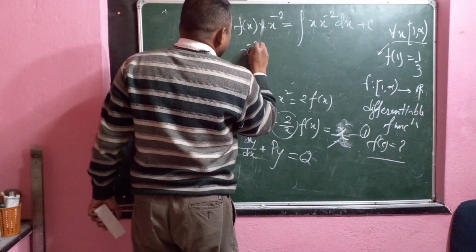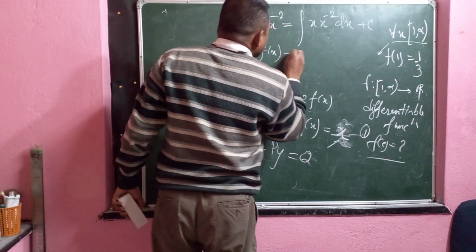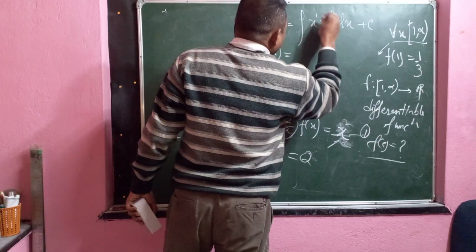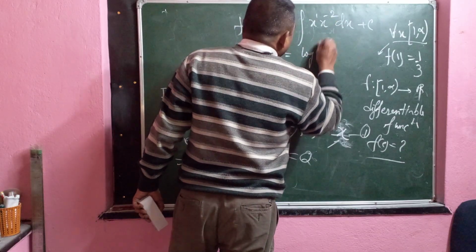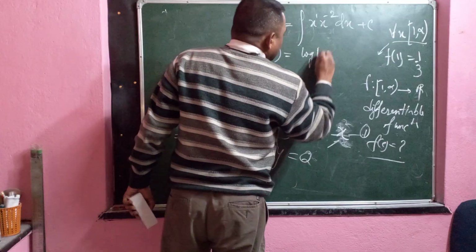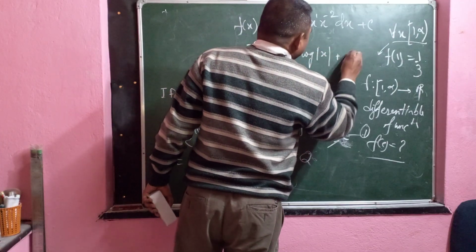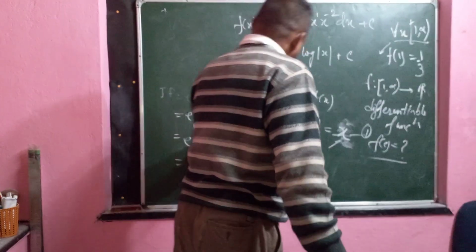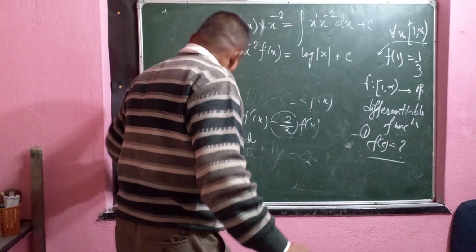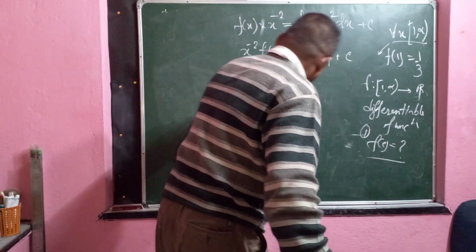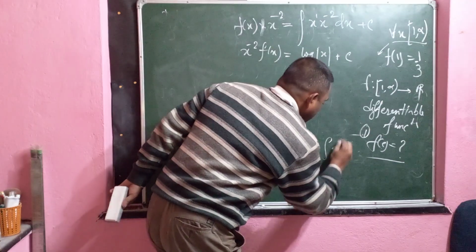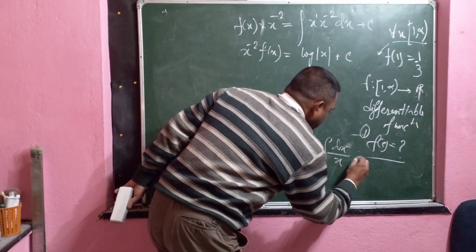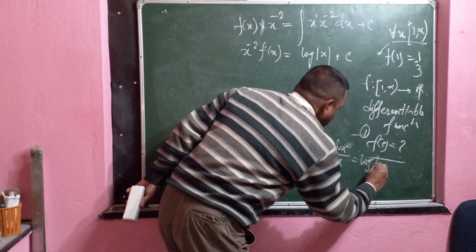So x to the power minus 2 fx is equal to, this is x to the power minus 1, so after integration this is log x plus c. Okay.